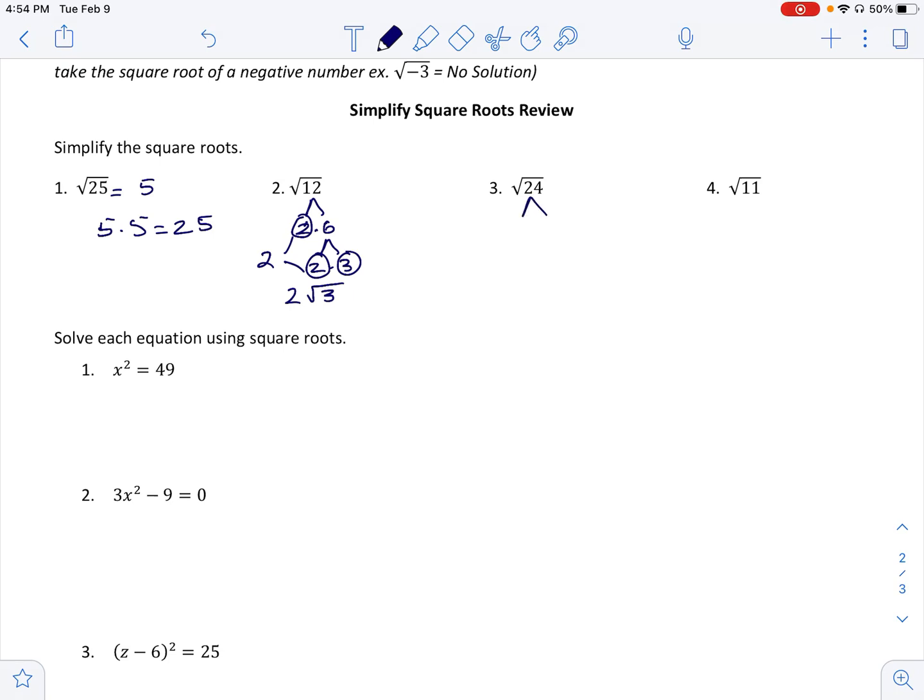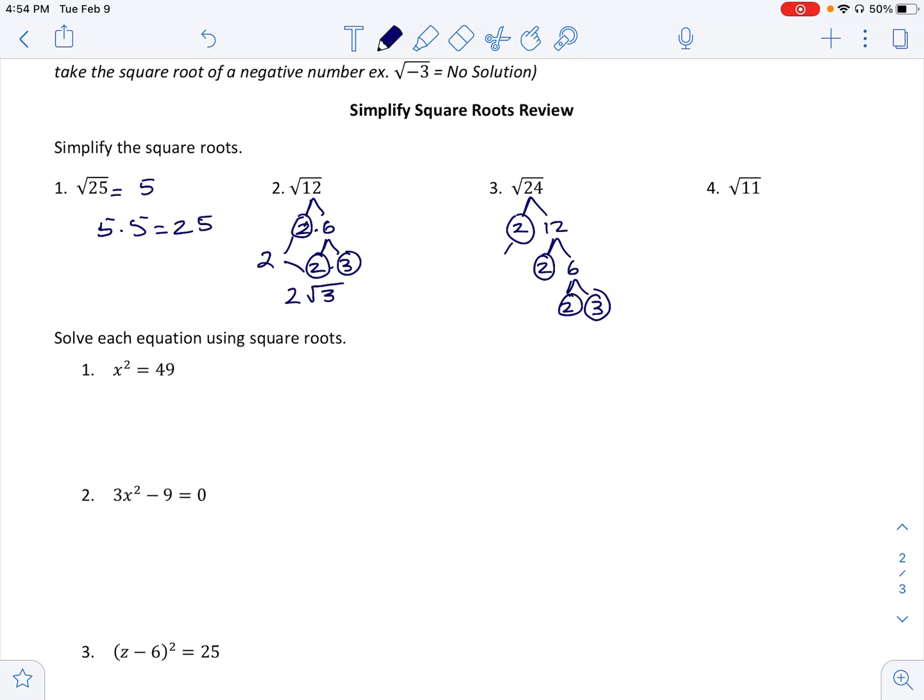Let's do another one. We have square root of 24. So 2, which is the smallest prime number, we're going to start with that. 2 times 12 equals 24. Now we can break down 12, 2 and 6. We can break down 6 into prime numbers, 2 and 3. So these are the prime numbers we're looking at.